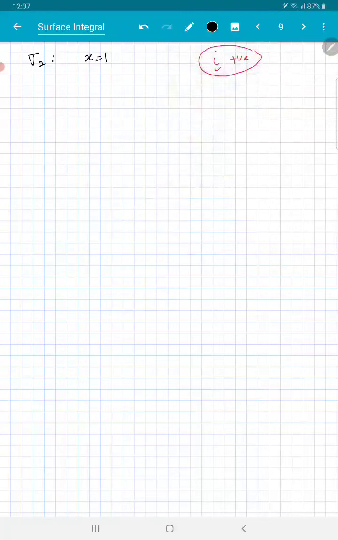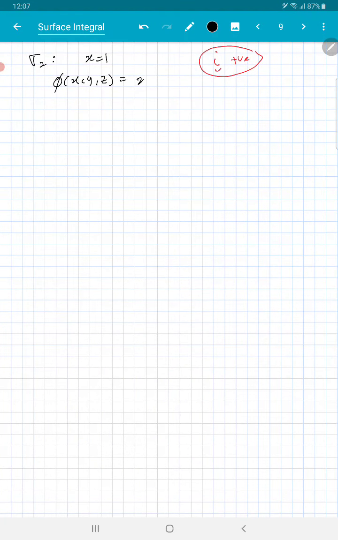Now, again, rewrite the equation for the surface as phi. That would be x minus 1 equals 0. Get the gradient of phi, that would be your normal vector, or negative del phi. So here we have 1, 0, 0. Check the x component: it is already positive 1, just like what we want.